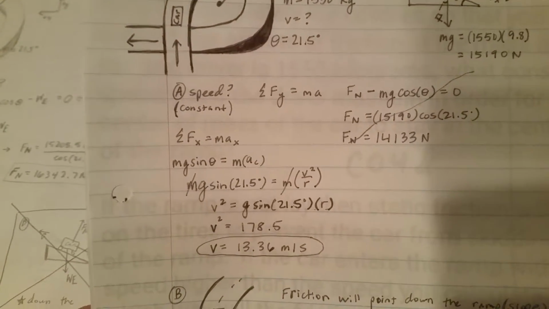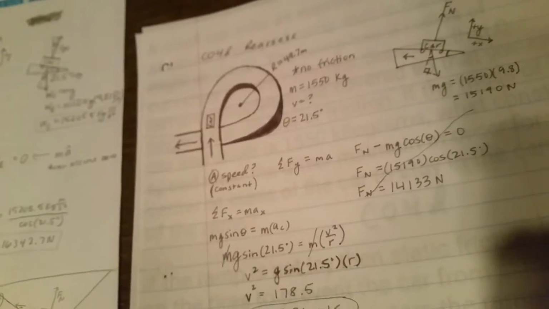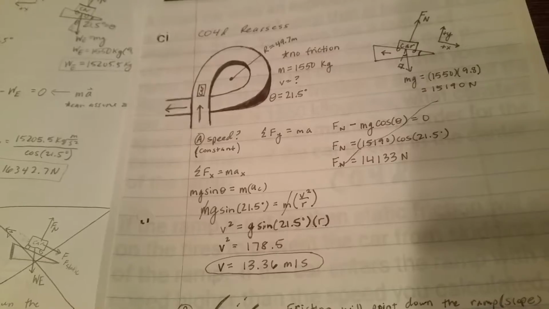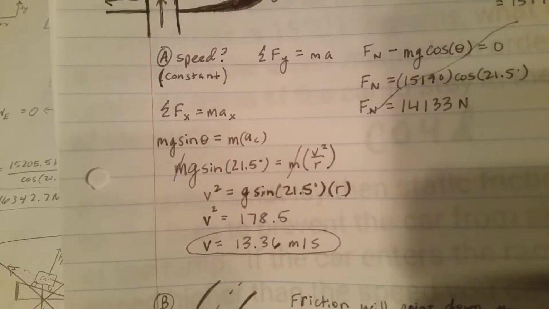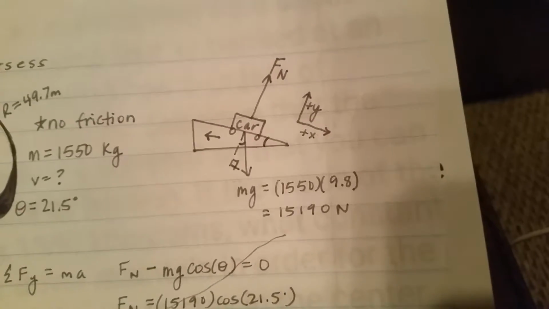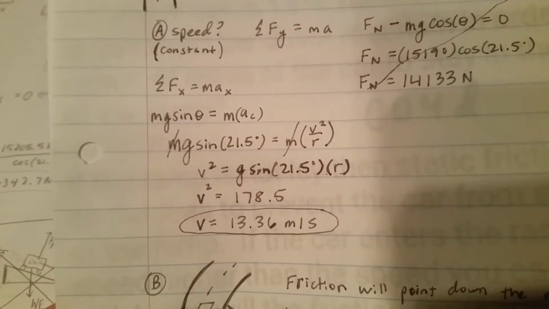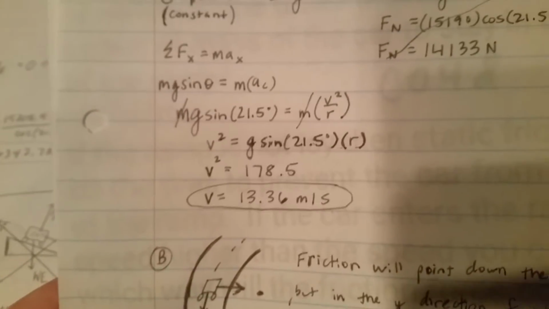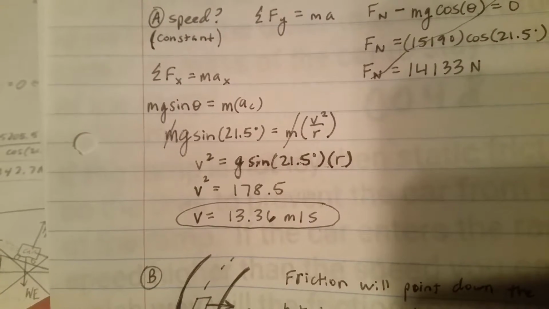If you do the sum of the forces in the x direction, it'll give you the velocity for part A. The sum of the forces in the x direction is just that component of the weight, the weight times sine of that angle, which is the only force acting in that direction, and it equals ma.